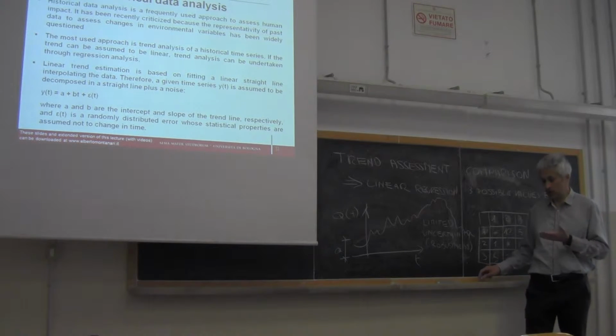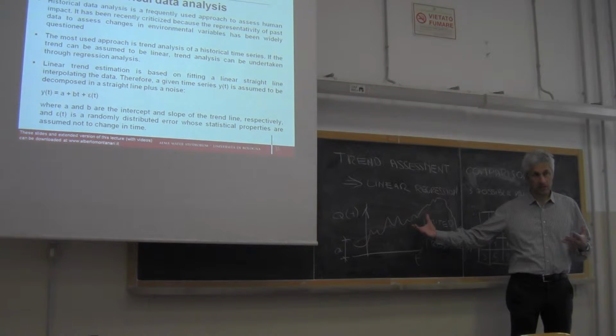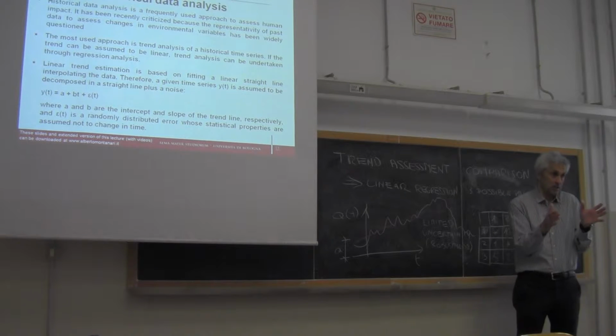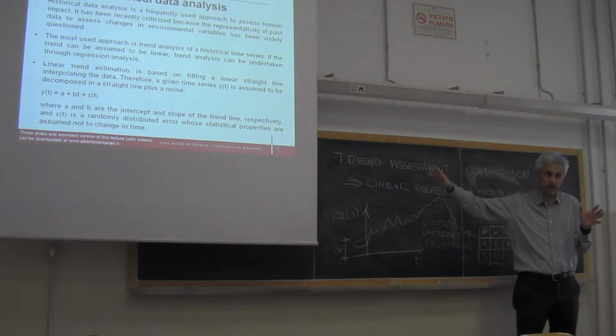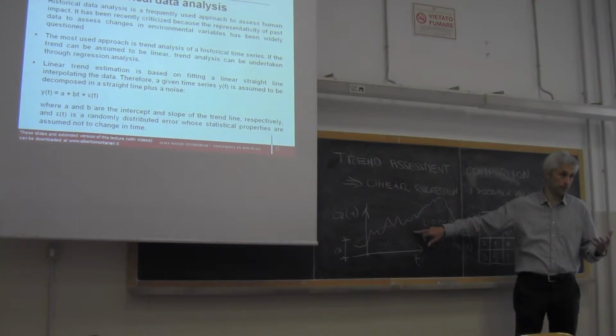When you talk about a sample of data, and this sample is of course limited, because it's impossible to cover the full extension of the processes we are interested in, for sure, if you estimate a linear regression on this sample, the slope is not zero.